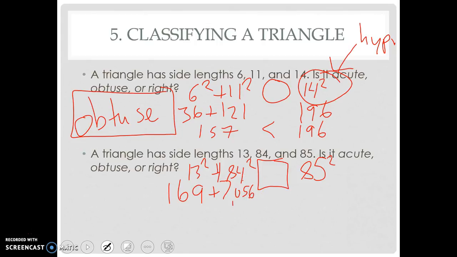And then 85 squared is 7,225. 169 plus 7,056 gives me 7,225, which is equal to 7,225. So if it's equal to, that goes back to the first theorem that we talked about. That means it is a right triangle.